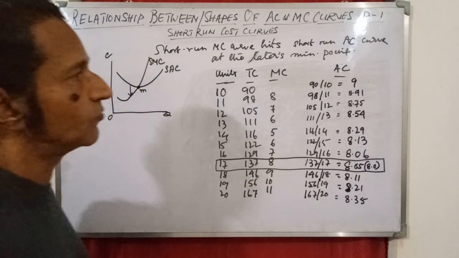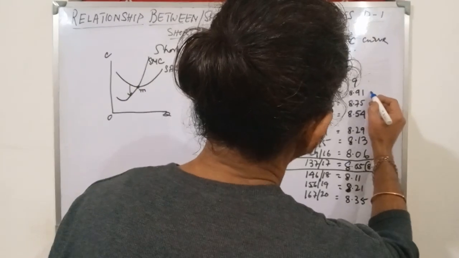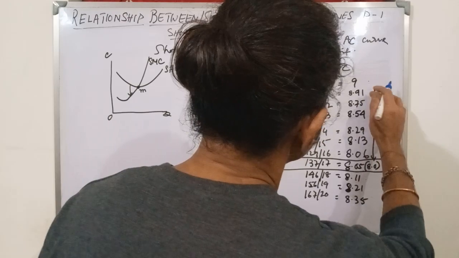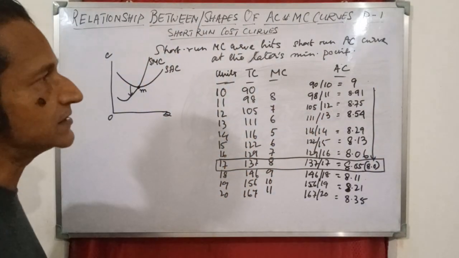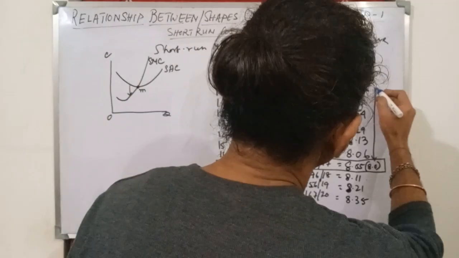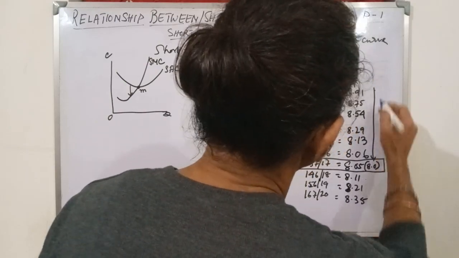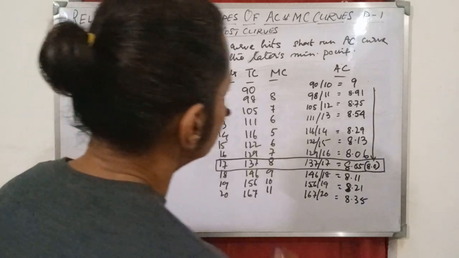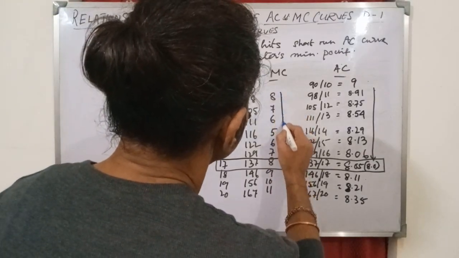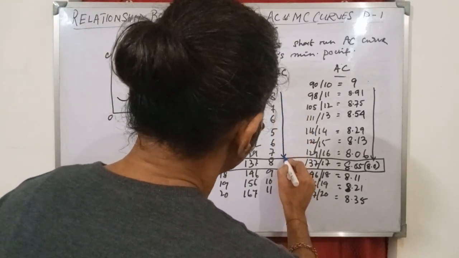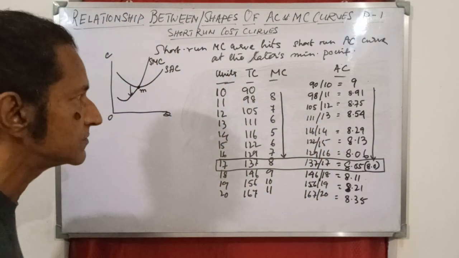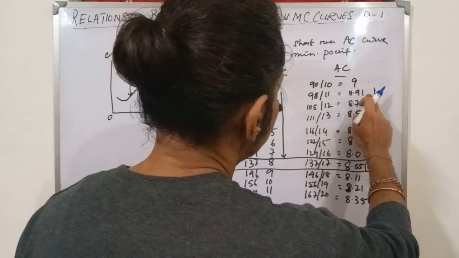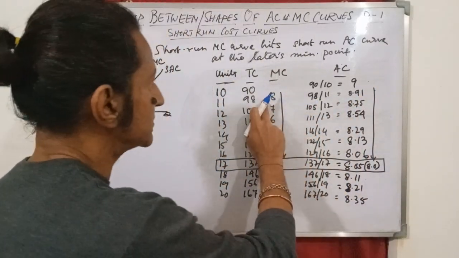Now you can see, till here average cost is falling. Sorry, I mean to say AC is falling. From here to here, average cost is going down. And you can see the marginal cost is less than average cost for any level of output. For 11 units, average cost is 8.91, marginal cost is 8.